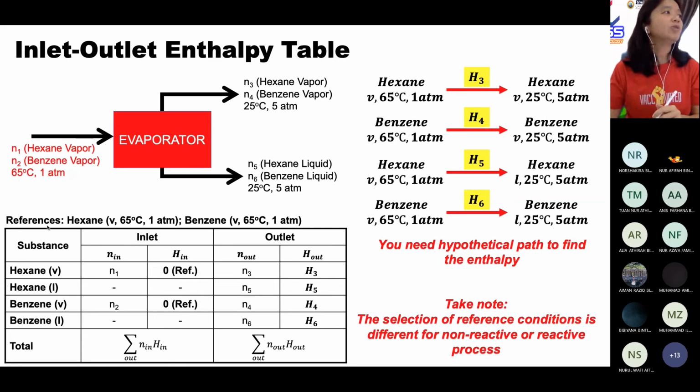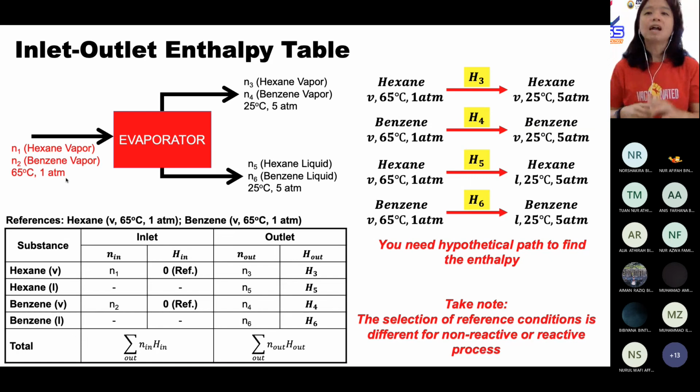So for example, in this case an evaporator, the inlet is hexane, benzene, both vapor phase, and I write down 65 Celsius, 1 atm. The outputs: top stream, hexane, benzene vapor, 25 Celsius, 5 atm. Bottom stream, hexane, benzene, liquid phase, 25 Celsius, 5 atm.